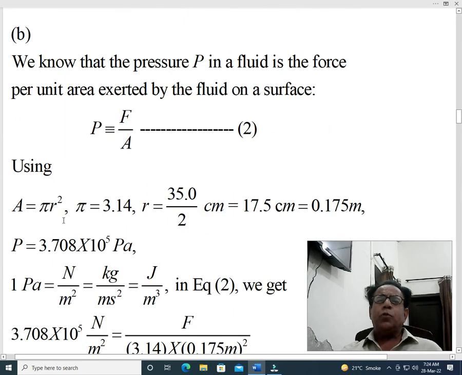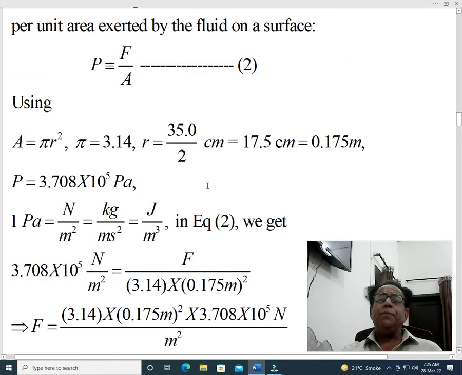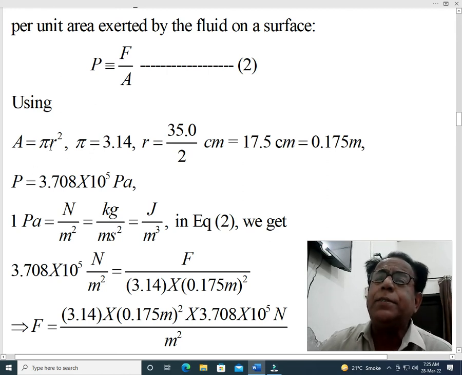So here area is calculated as pi r square. We know that the area of a circle is pi r square, whereas the area of a sphere is 4 pi r square. But here we are concerned with the area of a circle, not with the area of a sphere.